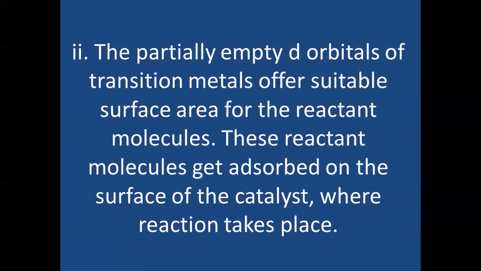Here nickel is used in powder form. Why? Because it increases the total surface area of the catalyst, so that more and more reactant molecules get adsorbed on the surface of the catalyst.